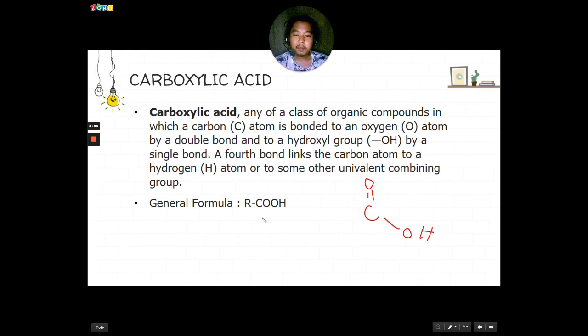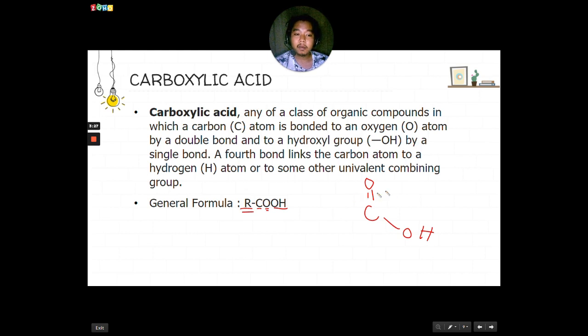So usually we simply write it as an alkane or an alkyne, the rest of our hydrocarbon, with a carbon double bonded to oxygen and to OH. So RCOOH will be the general formula for our carboxylic acid.